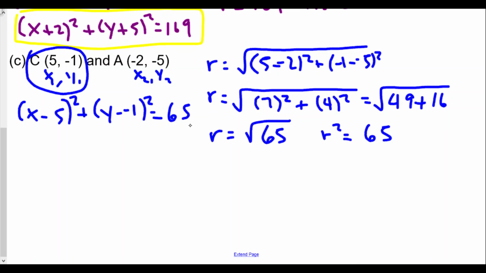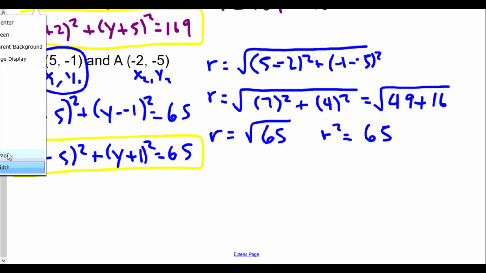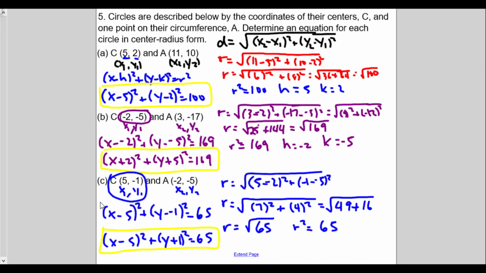And so we'll clean up the y minus -1, so we'll have x minus 5 squared plus y plus 1 squared equals 65. Okay, and this is going to be our equation of this circle, whose center is 5, -1, and we found in this case the radius is square root of 65. Okay, and there you go.